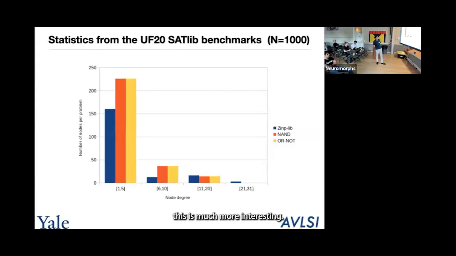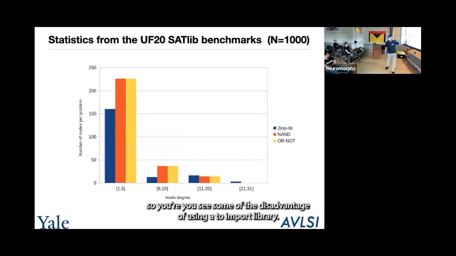This is much more interesting. This is the connectivity. Given a spin, how many other spins are connected to it in this particular synthesis for the Ising problem? So here you see some of the disadvantages of using a 2-input library. There are some spins with a very large number of connections.